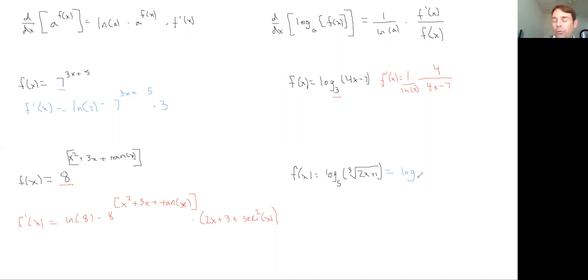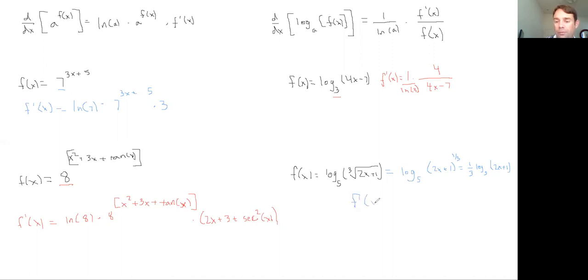But on this one, I do want to go ahead and rewrite it. I don't like the way it looks here with that cube root. So I am going to literally rewrite the whole thing, because then I can take that exponent and move it in front. So 1/3 log base 5 of 2x plus 1. Now we're back to being something a little bit more straightforward and easier to deal with.